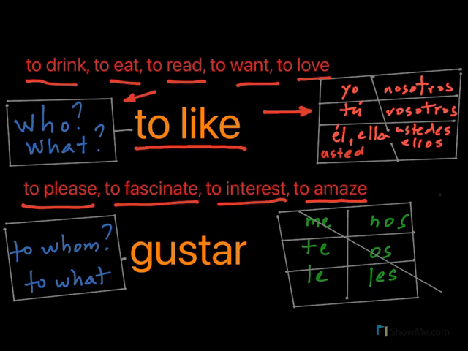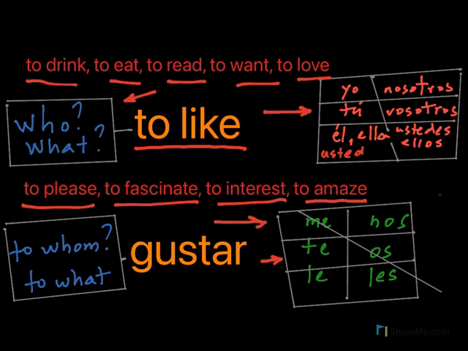You say the other way around. You're using the object pronouns. You say the apples are pleasing to me. To travel is fascinating to me. It interests me to read books. The animals amaze me.